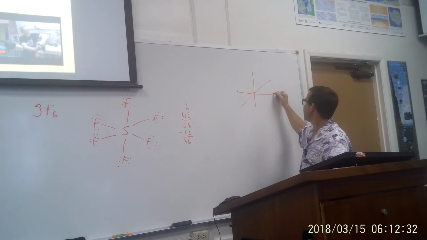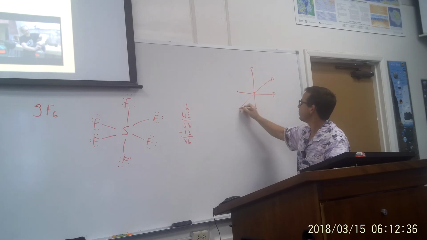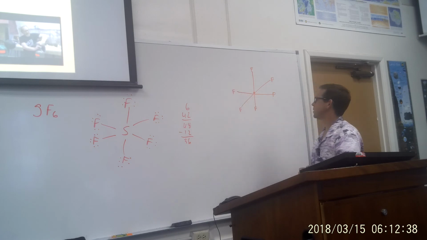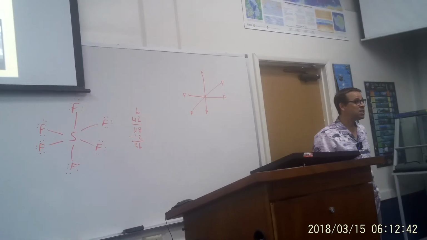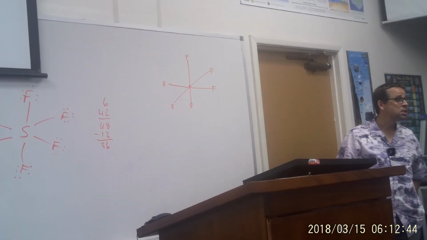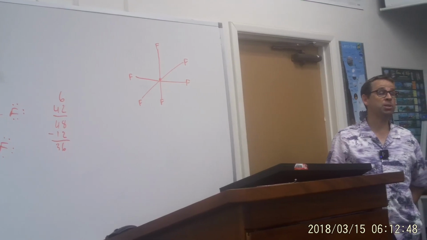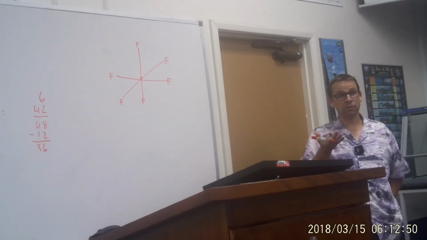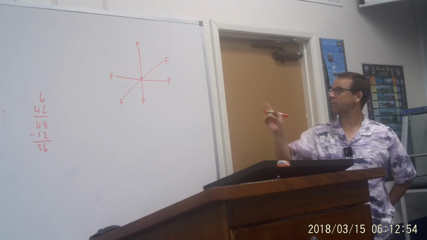So this would be 1 fluorine, 2nd fluorine, 3rd, 4th, 5th, 6th. Okay? Anybody want to guess what the name of that shape is? Well, the shape's name has to do with what it would look like if it was a dice and you rolled it. How many sides would it have if it was a dice?